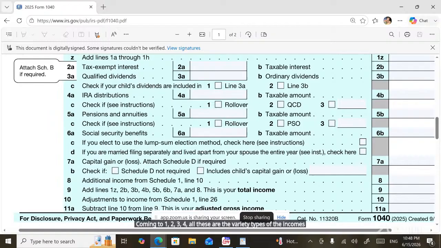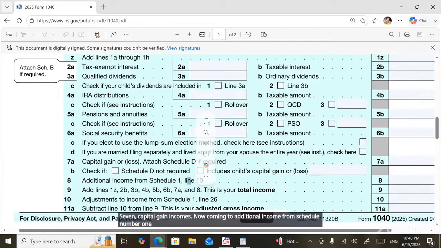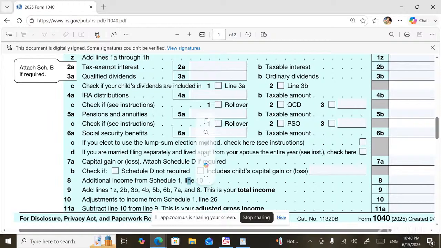Salaries, 2 tax income, 3 dividend income, 4 IRA income, 5 pension income, 6 social security income, 7 capital gain incomes. Now coming to additional income from schedule number 1. 9 is nothing but the total of all the above incomes.